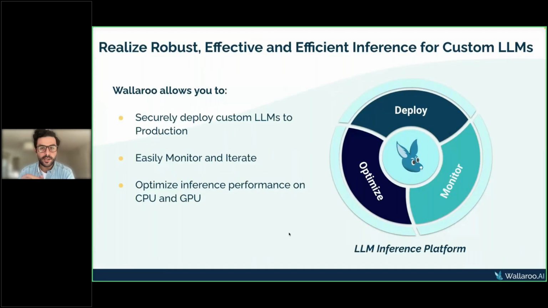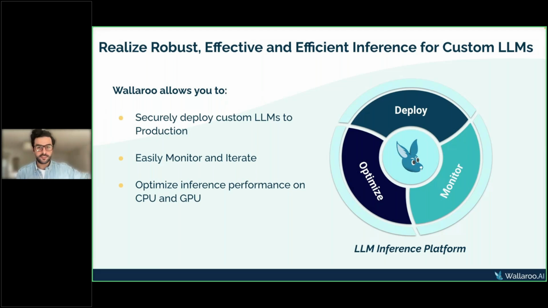As a product and as a team, what do we focus on today? When it comes to custom LLMs, we focus on deploying efficiently, making sure that we meet you where you are as a customer with our product and our expertise, and get you up and running quickly with a framework that allows you to proactively monitor and iterate on your models, as well as optimize LLM performance in production, maximizing the utilization of the infrastructure that you have available.